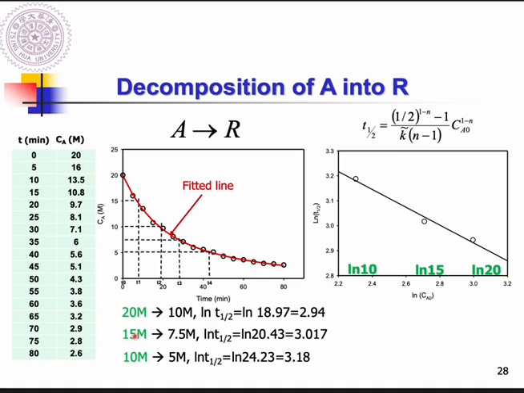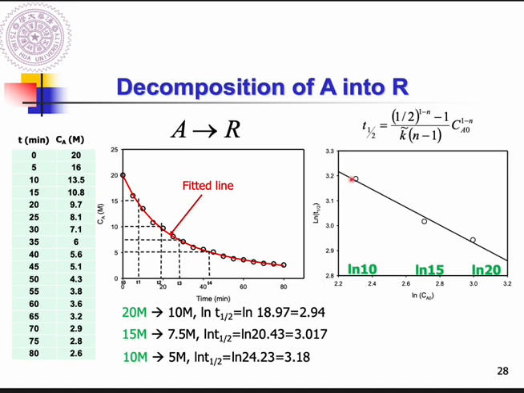The data I have: the log of the half-life time is 2.94 for the vertical, and the horizontal will be log 20. The next log half-life time is around 3.07, and the horizontal will be log 15.